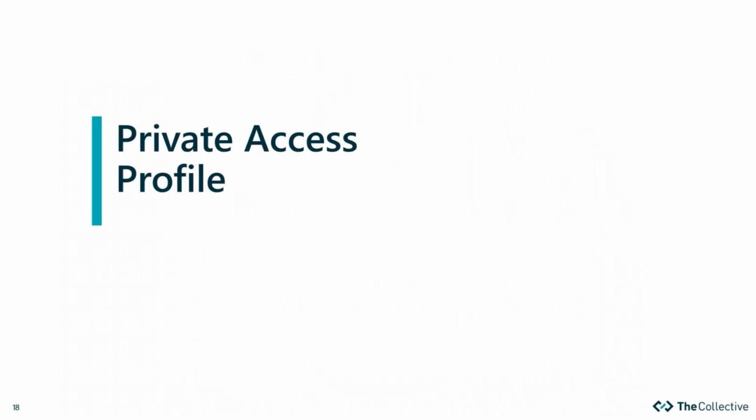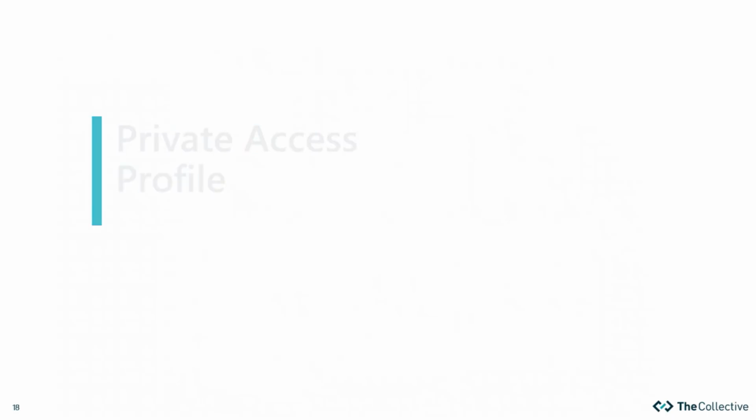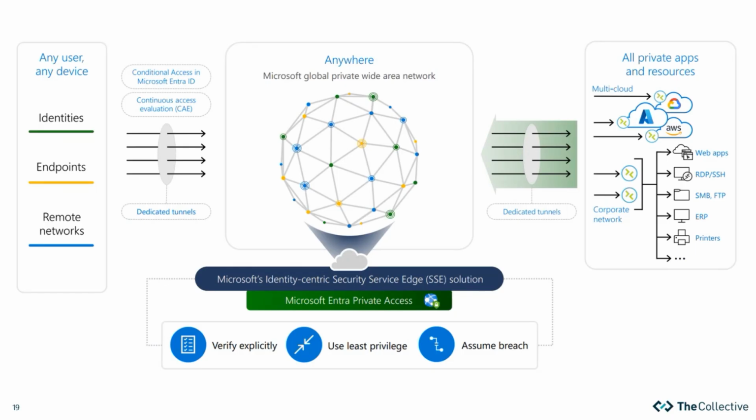So first of all, we want to talk about the Private Access profile. So here you can see a generic overview of how Private Access works. In the middle, we have the Global Secure Access backbone with different points of presence throughout the world. And eventually, we will be using conditional access policies to decide which user is able to access which kind of applications.